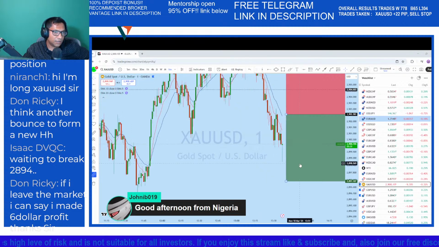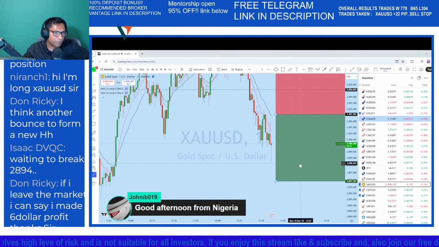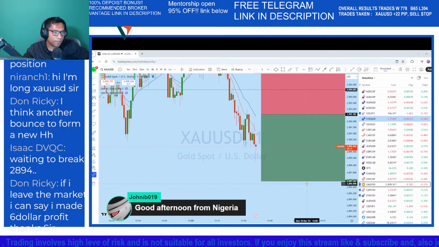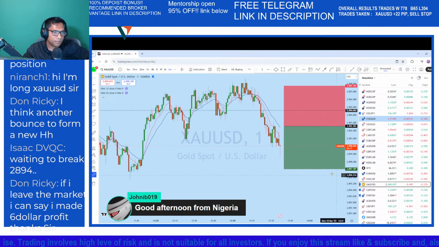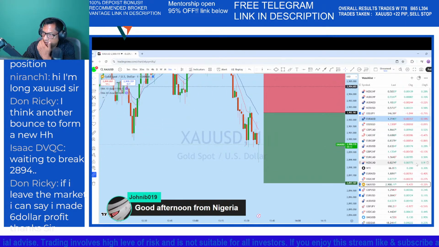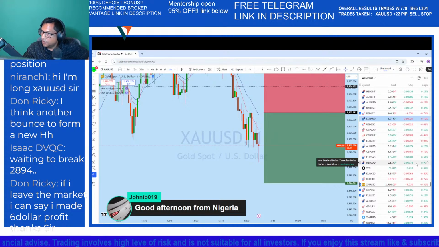So there is an interesting red candle formation.